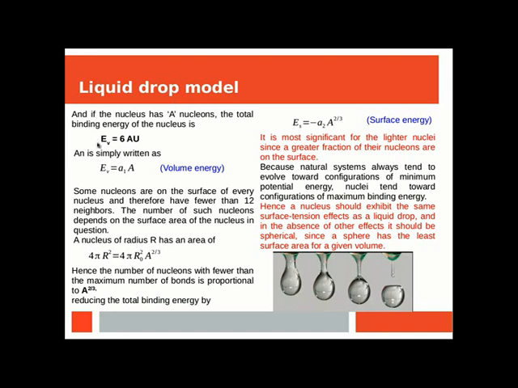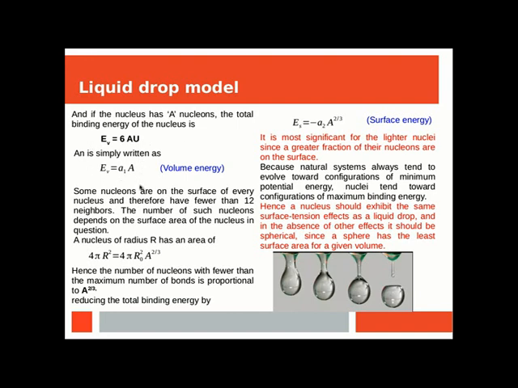In that case, the total volume energy shall be 6uA, or it is simply written as E_V is equal to a1 A. This energy is the volume energy, which is because of the arrangement of nucleons in the minimum volume. So this is called the volume energy.